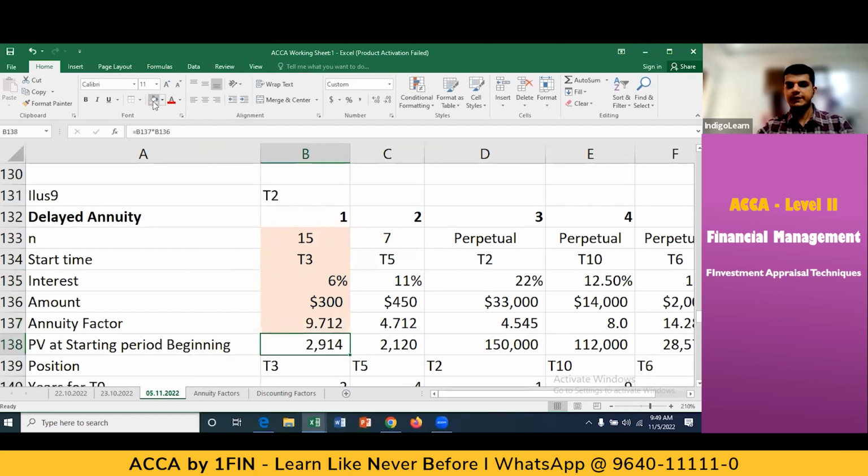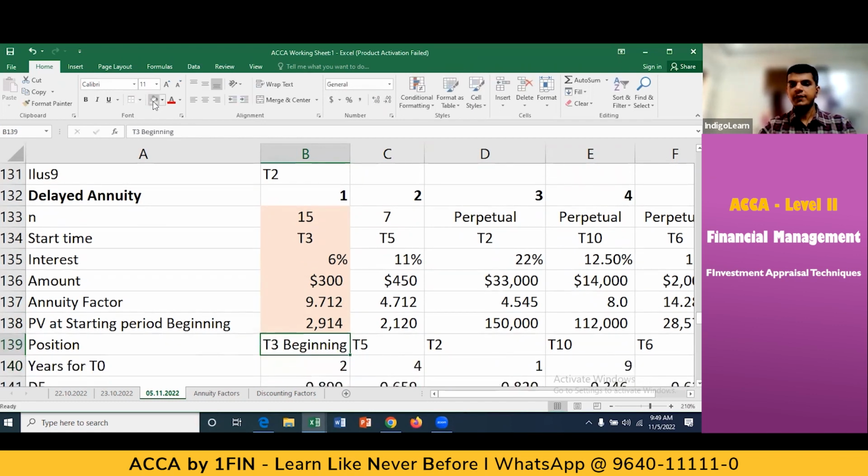We'll just multiply it and we'll get the amount. Now it is at T3 beginning. We want to go to T1 beginning, so 2 years discounting has to be done.